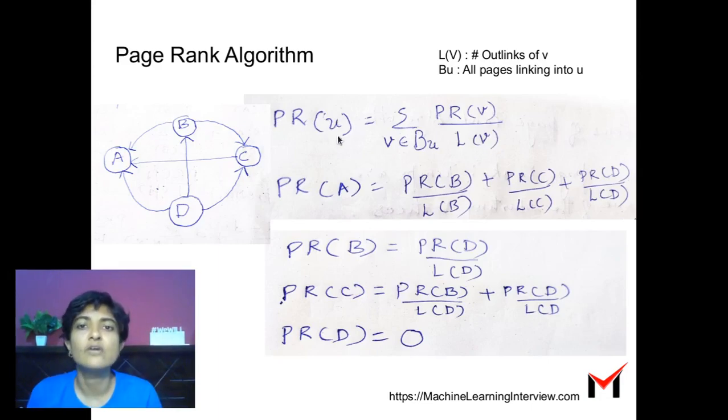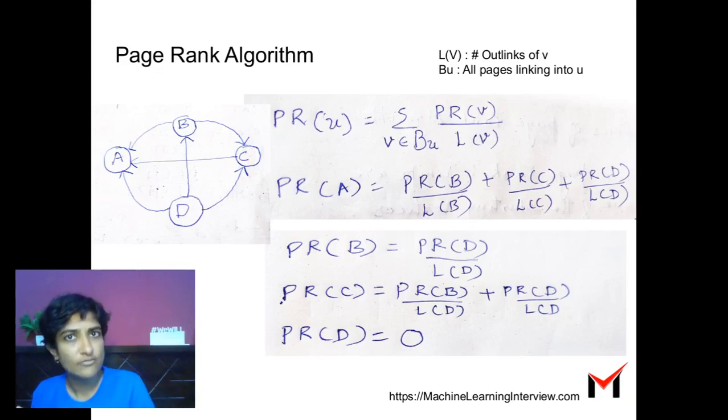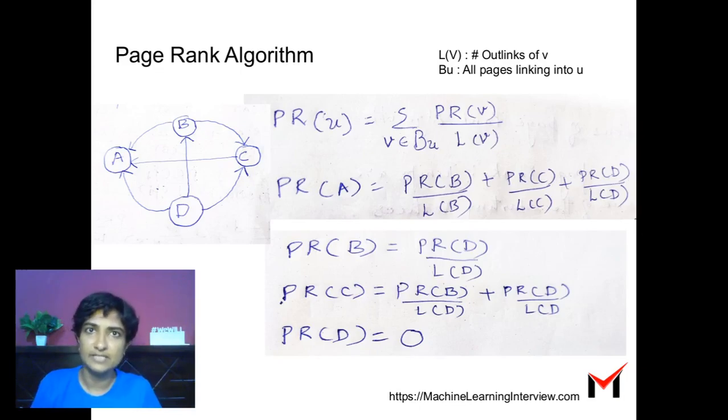The PageRank of a particular node is the summation over all the other nodes V that link into it, of PageRank of V divided by number of outlinks of V. So I'm just aggregating the PageRank of all the nodes that link into me, but I'm normalizing it by the number of outlinks of that node itself, because it's only contributing a percentage of its relevance to me because it has multiple links going out.